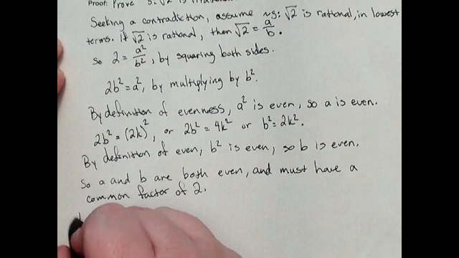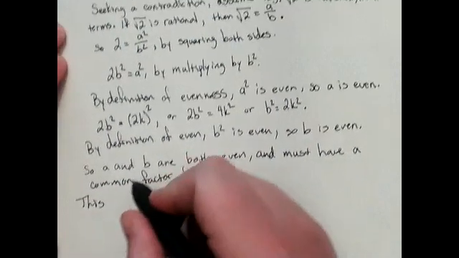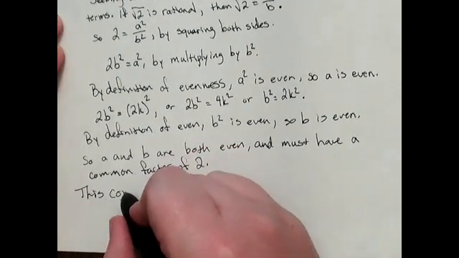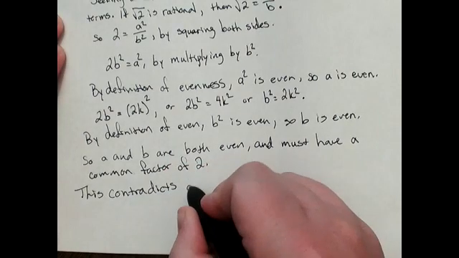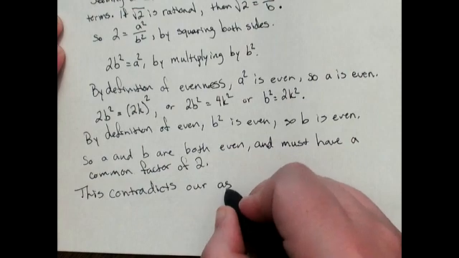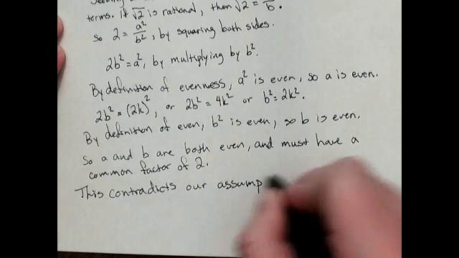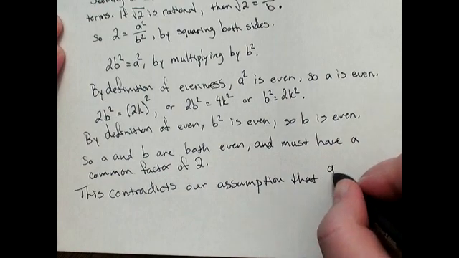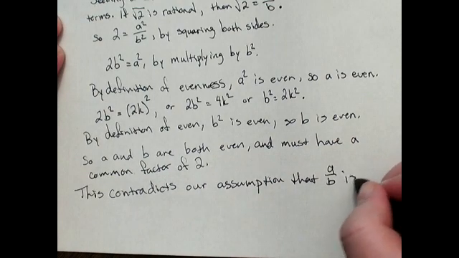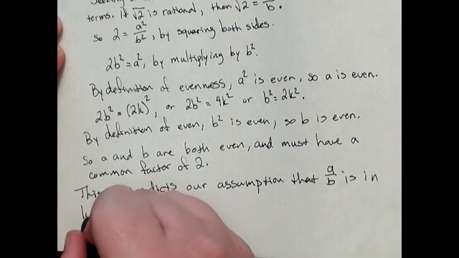So this contradicts our assumption that a over b is in lowest terms.